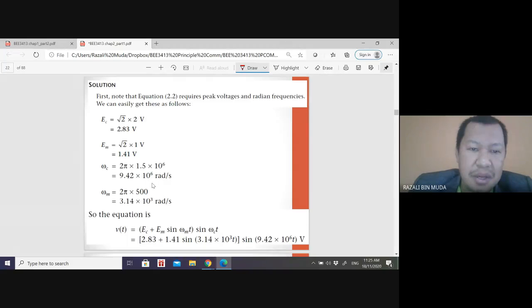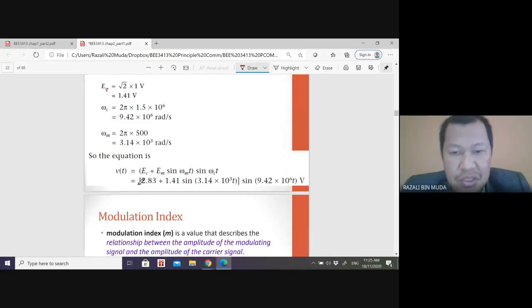Given RMS, you can change it to magnitude, to peak value. So you find the value of EC and EM, omega C and omega M, and you can get the equation.